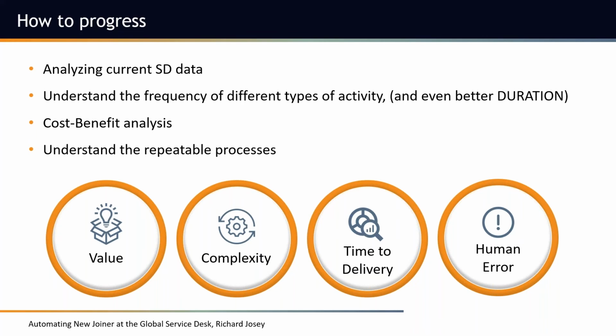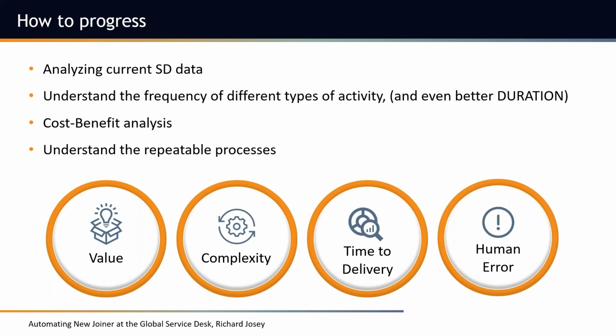Then of course we have to compare that to the cost of actually delivering the automation. If we only need to do something twice a year, it's probably not worth automating. If we document it, that's probably sufficient to remind us. But if we're doing something 20, 30 times a day, or 20, 30 times a week, then we have enough mass there to say, if we automate this, we're going to get something back out of it.